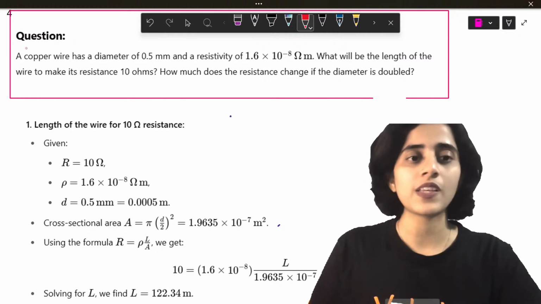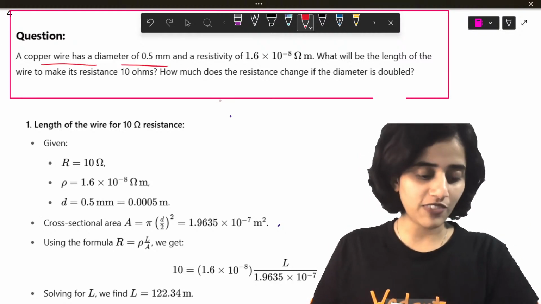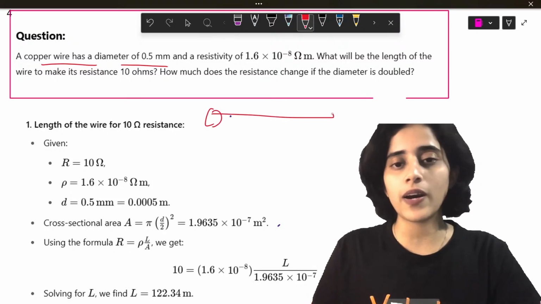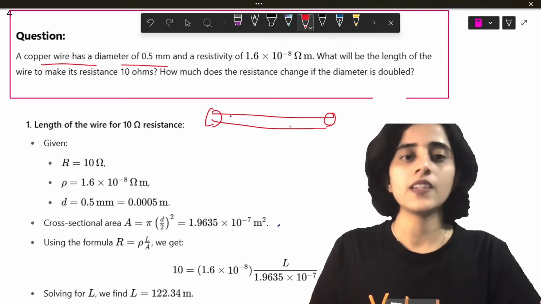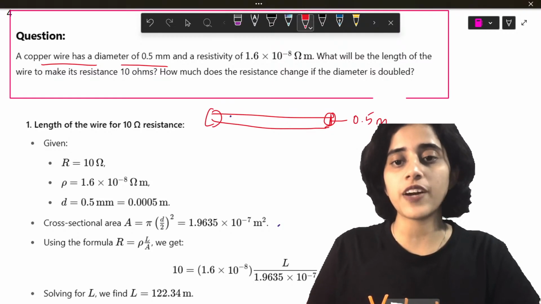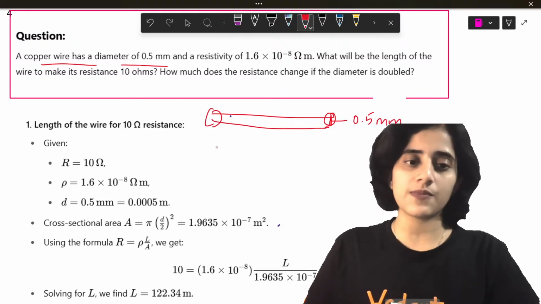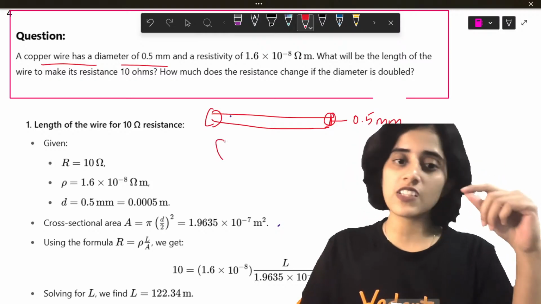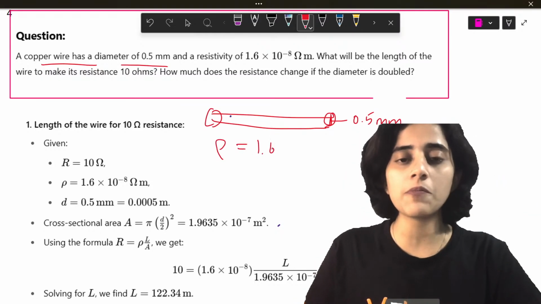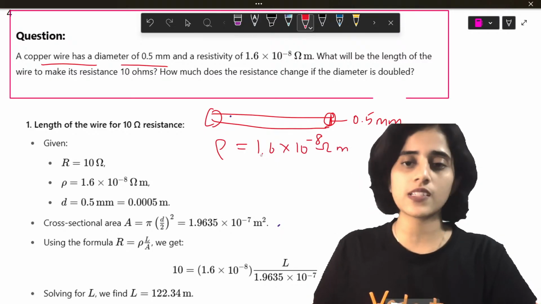Next question. A copper wire has a diameter of 0.5 mm. Okay. So there is a copper wire. The resistivity, what is the symbol for resistivity? Rho. Resistivity of the wire is given as 1.6 into 10 raised to minus 8 ohm meters.